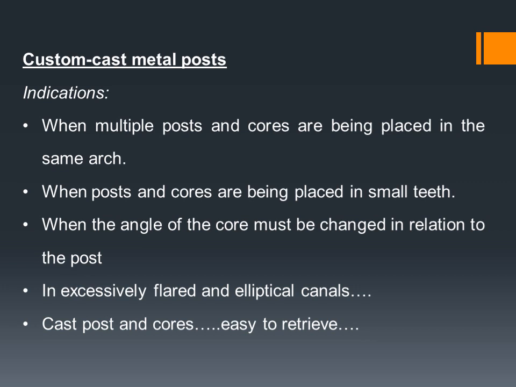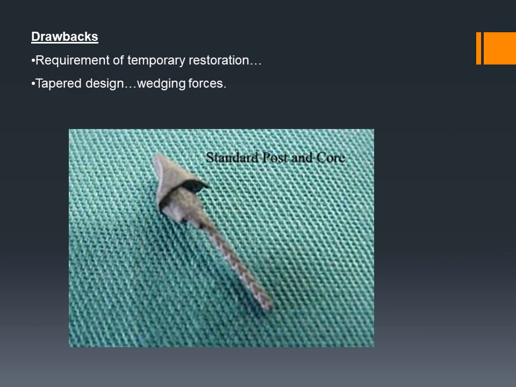Also when the angle of the core must be changed, meaning if the tooth is inclined, rotated, mesially placed or distally placed, a custom cast metal core lets us change the direction or inclination of the tooth core. It is also indicated in excessively flared and elliptical canals, and such posts are very easy to retrieve. So this is a standard post and core made up of metal.